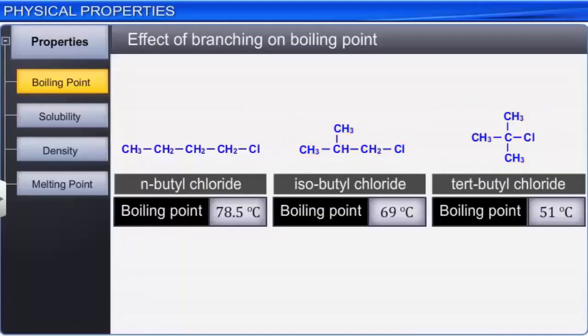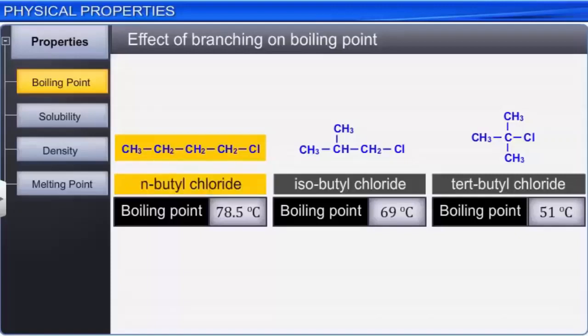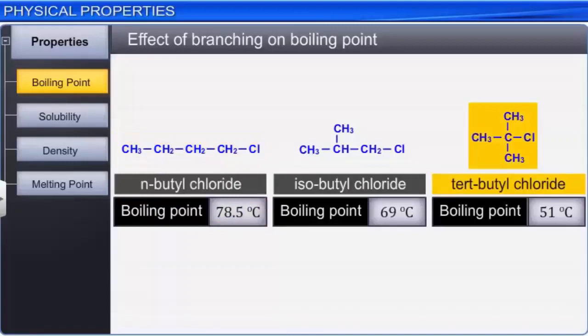This results in a decrease in the magnitude of van der Waals forces and hence the decrease in boiling point. Thus, among the isomeric butyl chlorides, the straight chain isomer, n-butyl chloride, has the highest, while tertiary butyl chloride has the lowest boiling point.